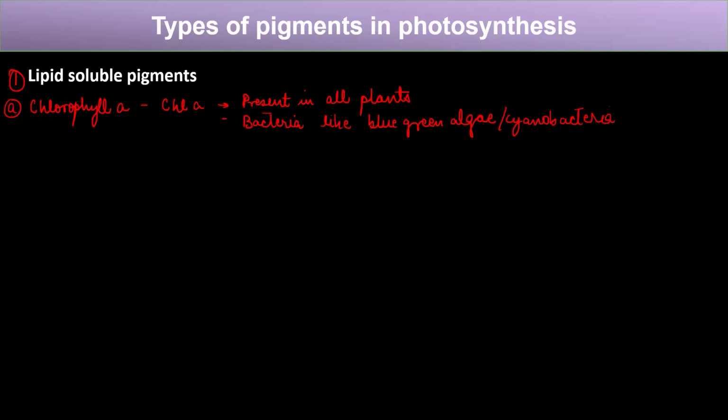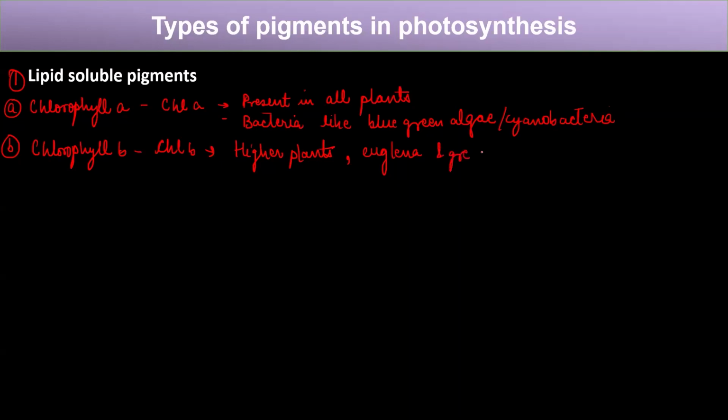Then the second type of lipid soluble pigment involved in photosynthesis is chlorophyll B, represented by CHLB. Where is CHLB present? It is present in higher plants and in certain lower plants such as Euglena and green algae.